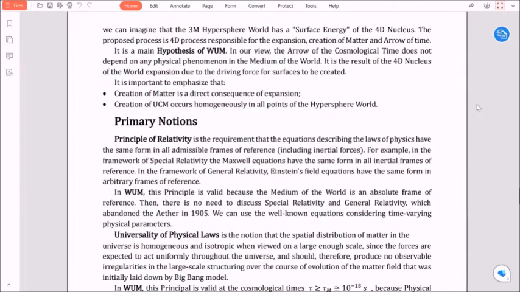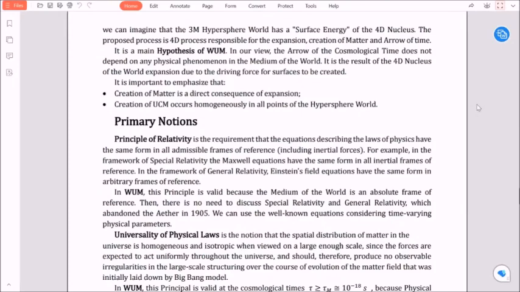In the framework of general relativity, Einstein's field equations have the same form in arbitrary frames of reference. In WUM, this principle is valid because the medium of the world is an absolute frame of reference. Then there is no need to discuss special relativity and general relativity, which abandoned the ether in 1905. We can use the well-known equations considering time-varying physical parameters.